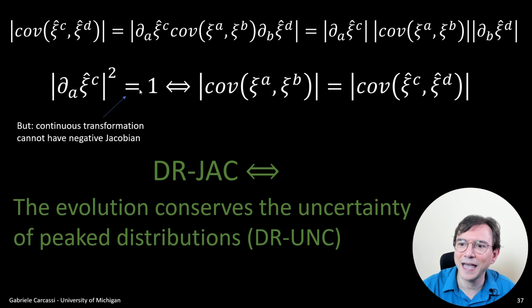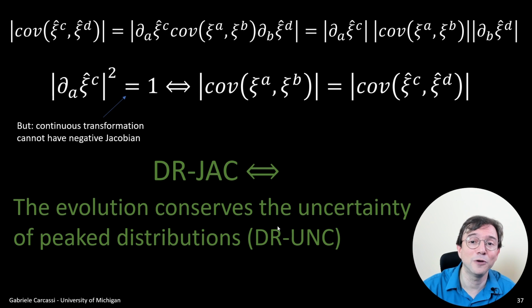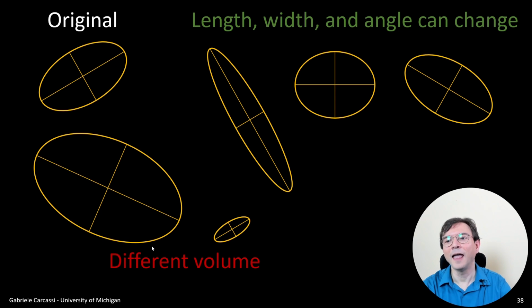Therefore, if and only if the Jacobian determinant is equal to 1, the covariance matrix is preserved, and therefore the evolution conserves the uncertainty of the peaked distribution. So again, this is yet another equivalent characterization of Hamiltonian mechanics. This tells us how things move in phase space.